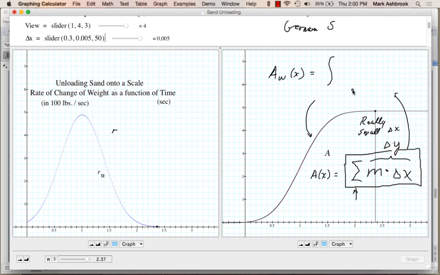Okay? And we're still summing up. What are we summing up? Still delta y's. Still delta y's. And so now m, rather than being a bunch of discrete rates, is indistinguishable from what? From the whole rate function, right?